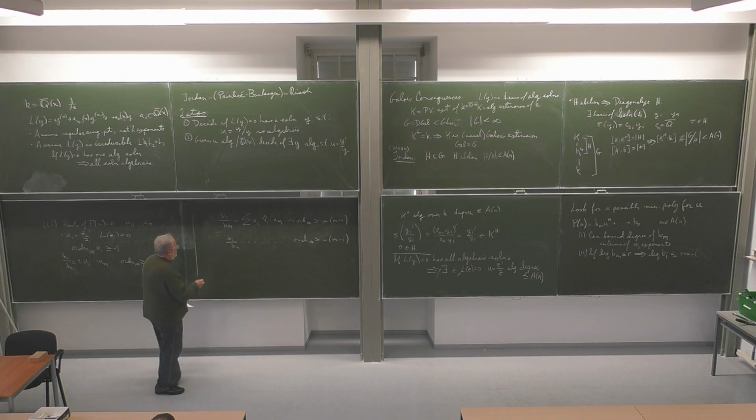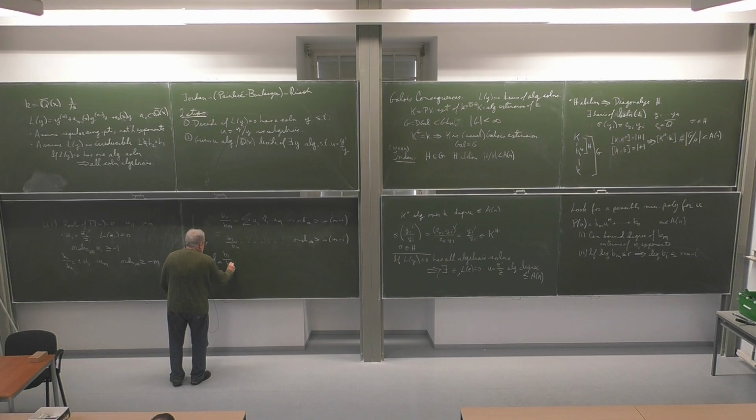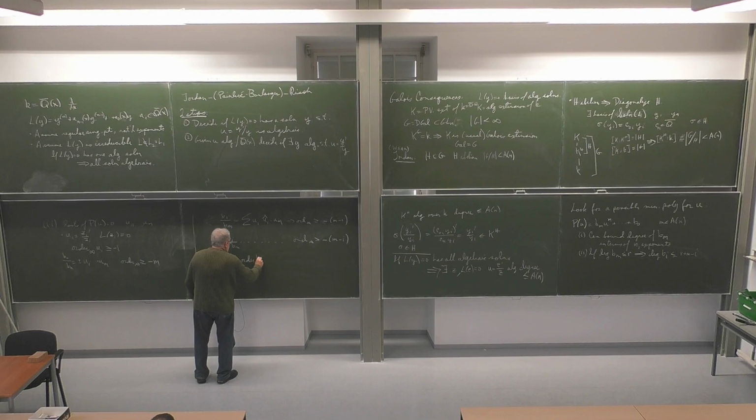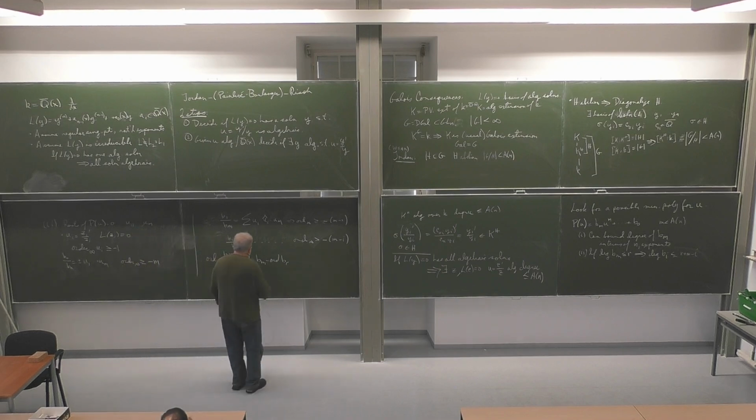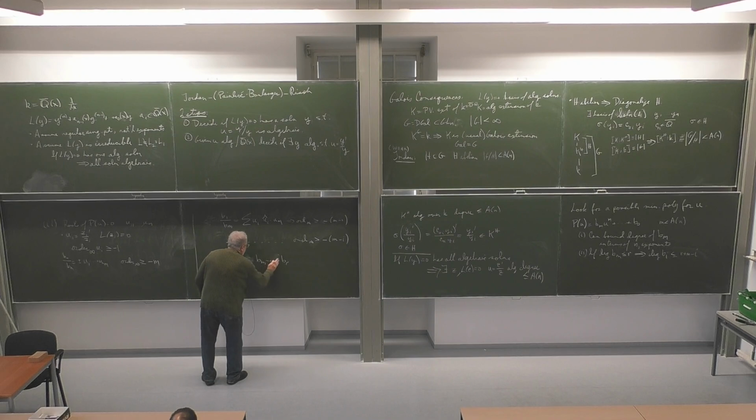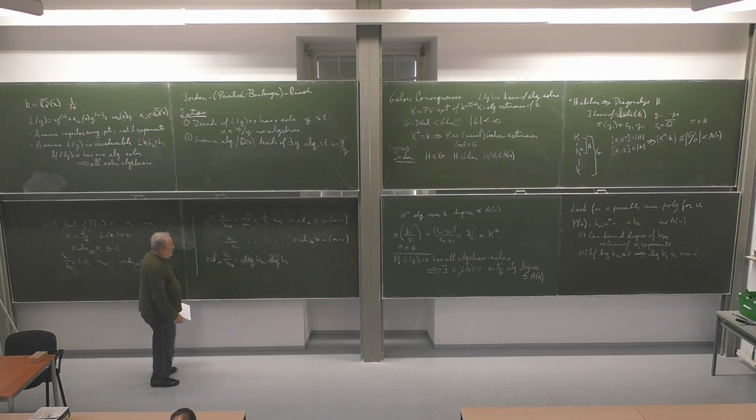Another way is to just look at the order at infinity of Bi over Bm. And I hope I have this right. These are polynomials, right? I don't want to say order, I want to say degree. So let's put the two together.